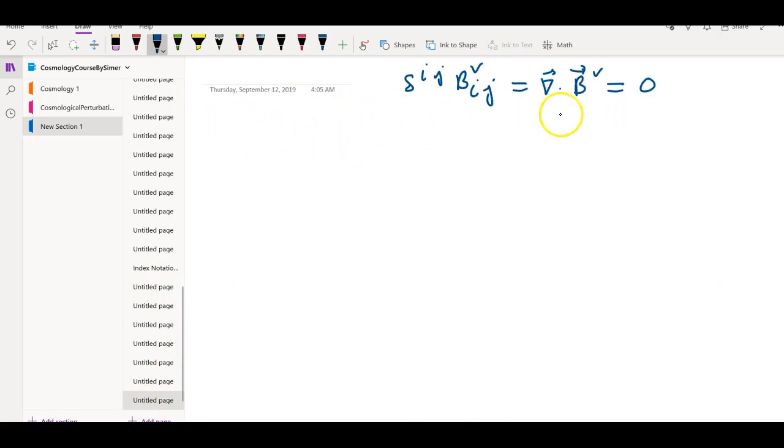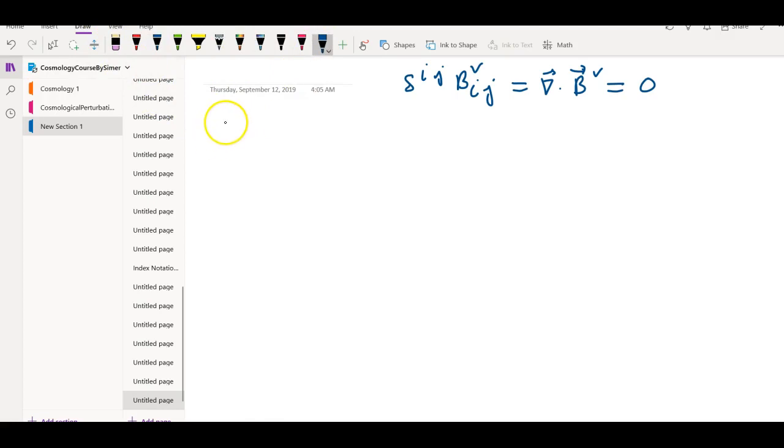Del of any vector, and this applies to any vectors. So we have del by del x B_x.